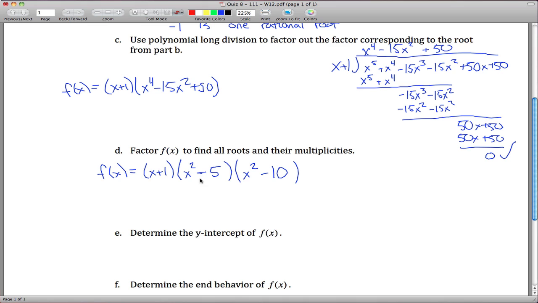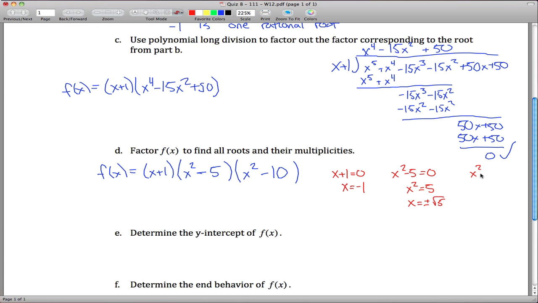So maybe I'll just leave it like this, and from here I figure out that x plus 1 equals 0, so x equals negative 1, or x squared minus 5 equals 0, so x squared equals 5, so x equals plus or minus the square root of 5.